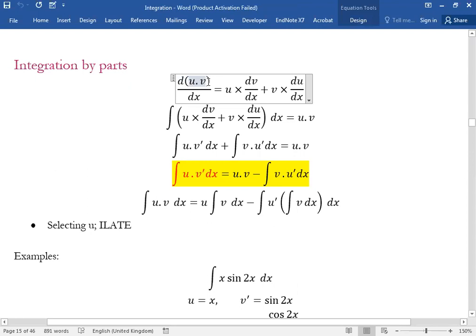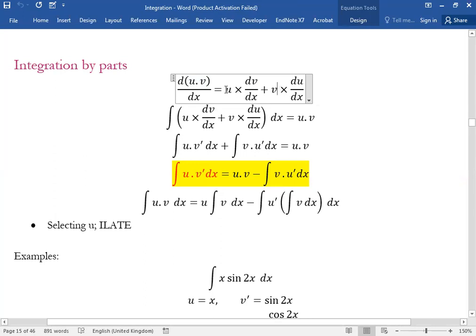What is the derivative of u into v provided that u and v are two functions of x? क्या आती है? u or v, if they are multiplying and they are two functions of x, what is their differentiation या what is their derivative? वही प्रोडक्ट रूल क्या लगता है? Very good. So u multiplies by the derivative of v plus v multiplies by the derivative of u.